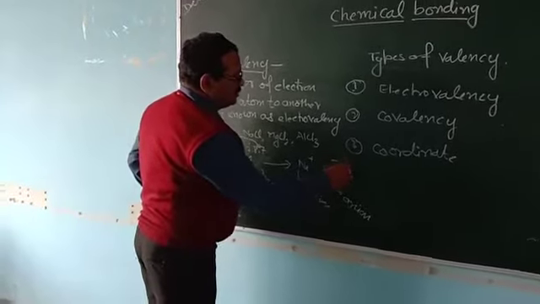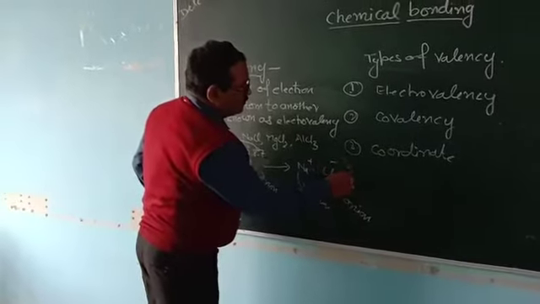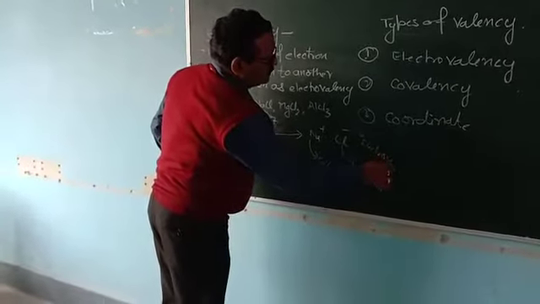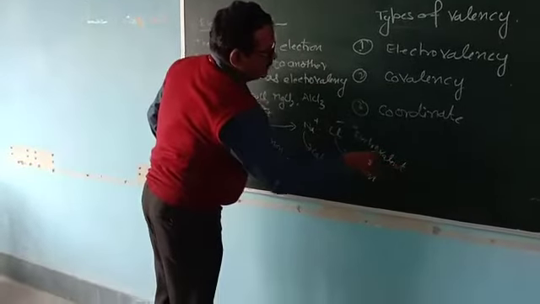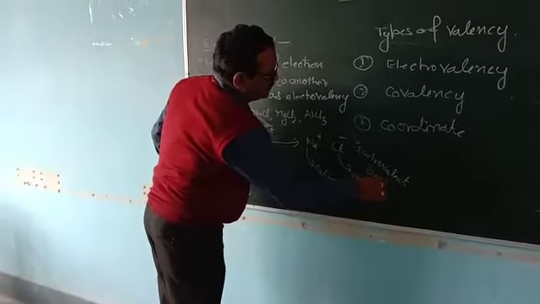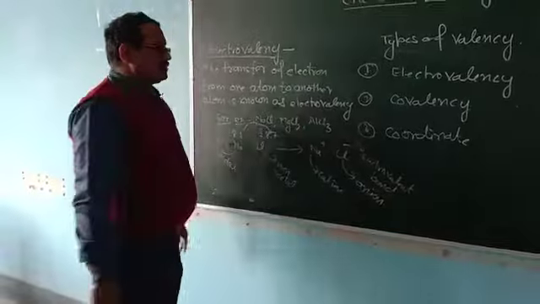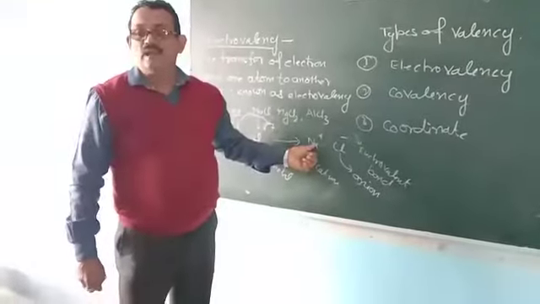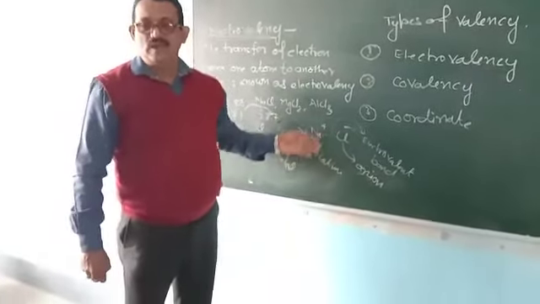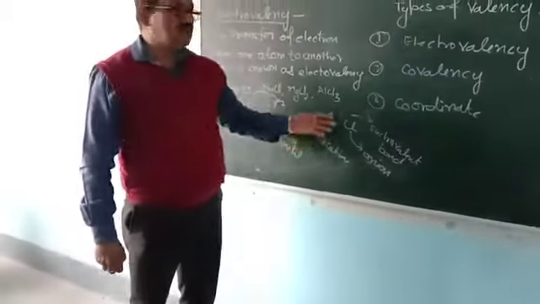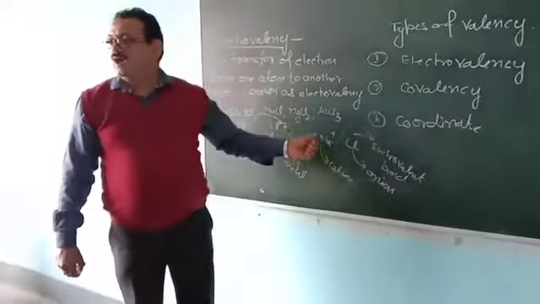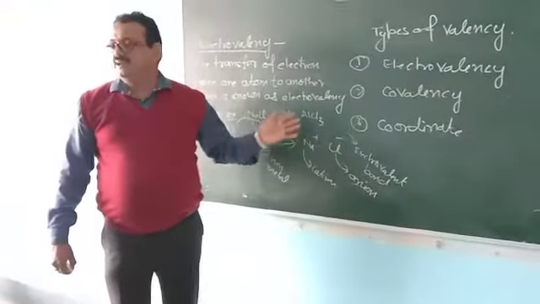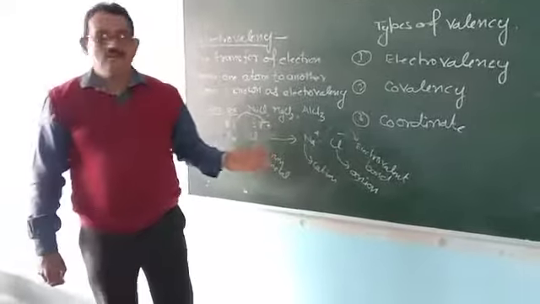This bond is known as the electrovalent bond. This electrovalent bond has a strong electrostatic nature, and the opposite charges have high attraction. NaCl is a polar compound.